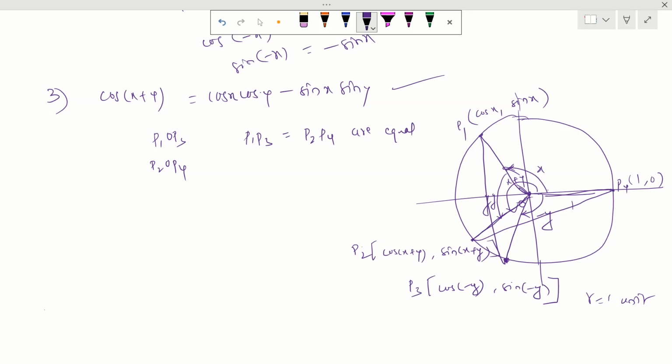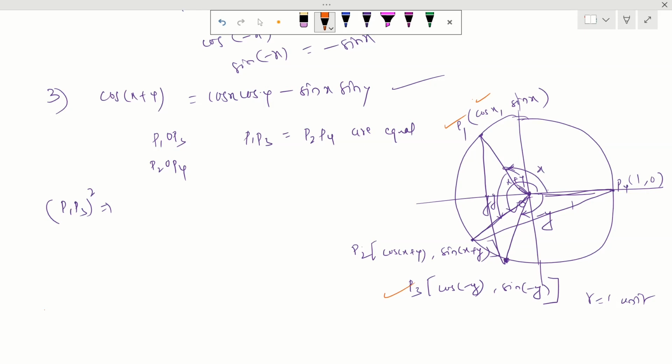Now I am taking the square. P1P3 squared, how do I write it? Using the distance formula, we take the difference and square it.